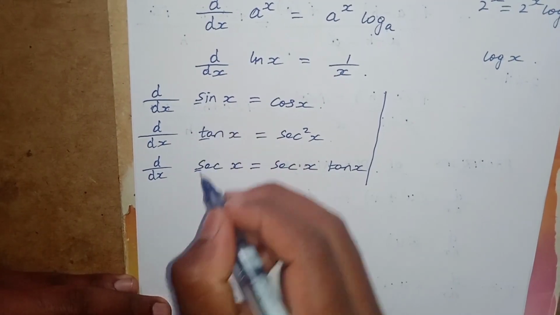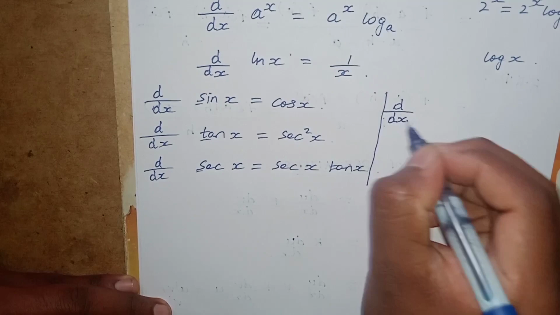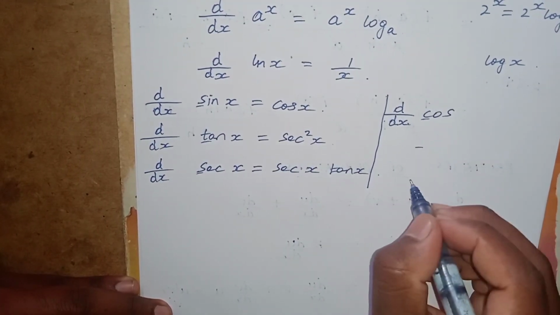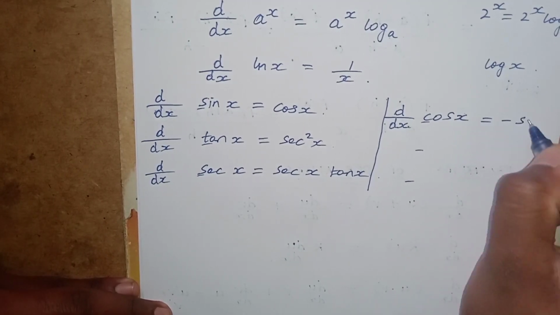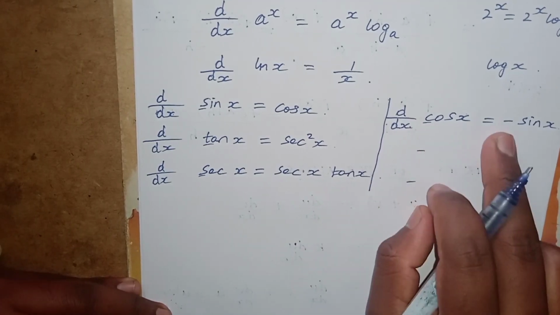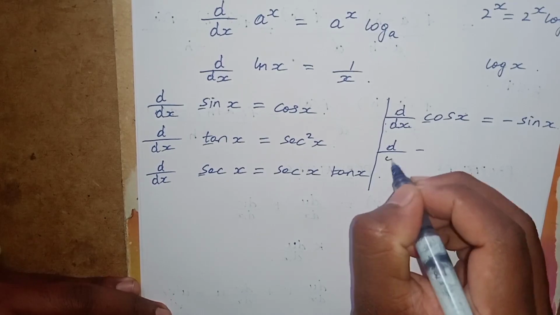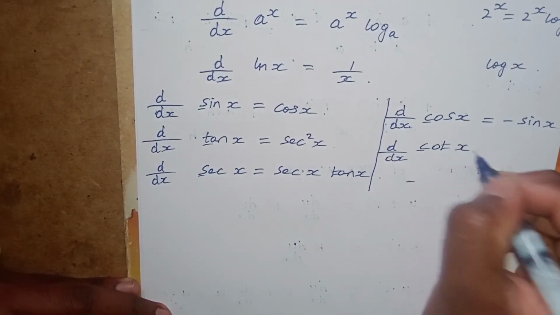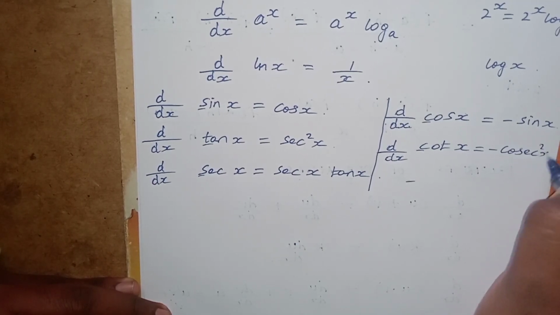Next I am taking the ones whose first letter is c. d by dx of cos x is minus sin x. If I differentiate cos x, I will get minus sin x. Similarly, d by dx of cot x is minus cosecant square x.